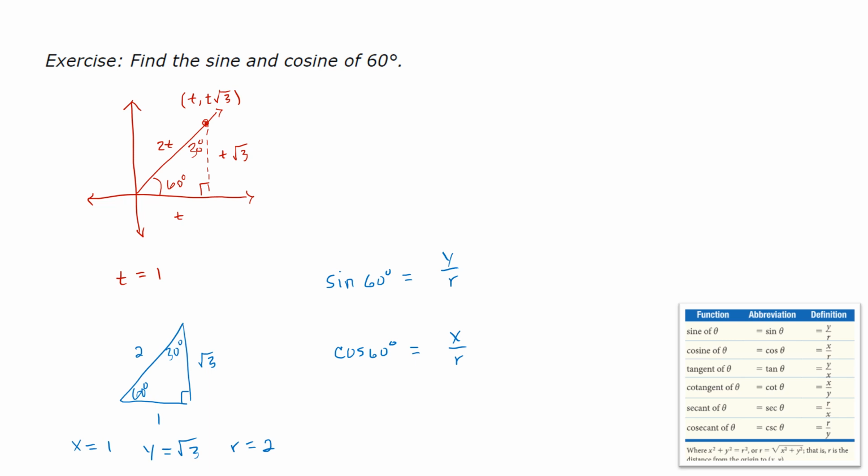Okay. So the sine of 60 degrees is the square root of 3 over 2. And the cosine of 60 degrees is 1 over 2, or 1/2. And that is our solution.